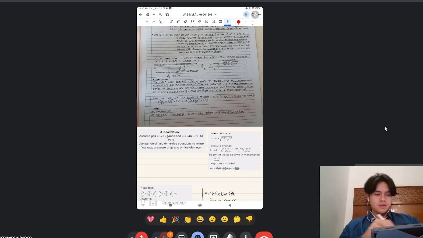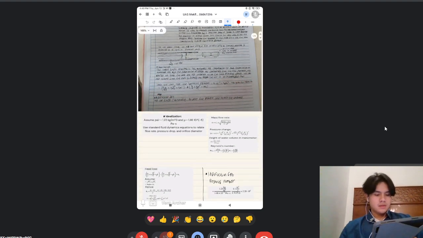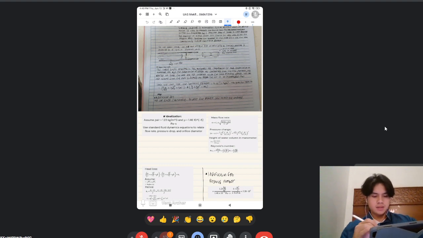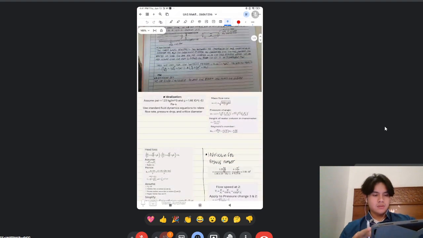Here I simplified using the Bernoulli equation. But I corrected my idealization: we should assume rho of the air is 1.23 kilograms per meter cube, and mu is 1.46 times 10 to the power of minus 5 Pa·s. So we use a standard fluid dynamics equation to relate flow rate, pressure drop, and the orifice diameter.